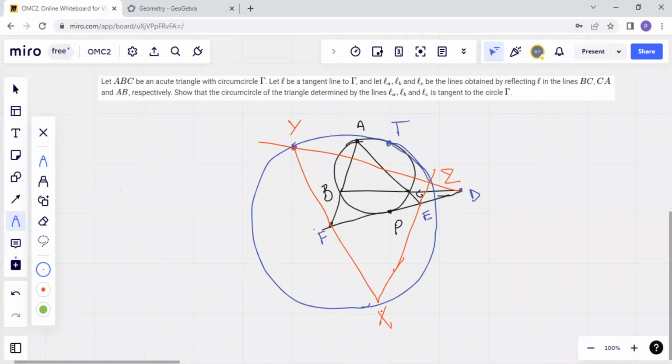Try to do some stuff because you're reflecting lines, so you don't have much information other than angles. So all we'll be doing in this problem is angle chasing, and reflecting lines means these two angles are equal. Basically, AB bisects YX and the original line L. So we have a lot of angle bisectors.